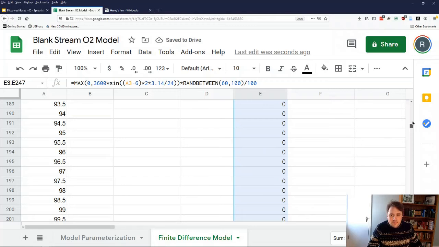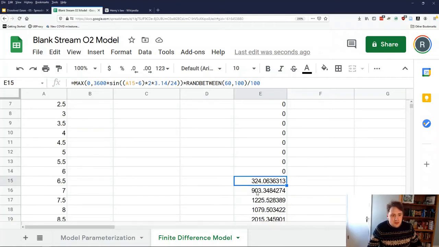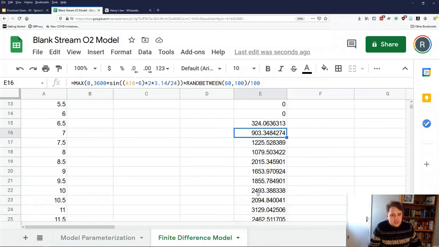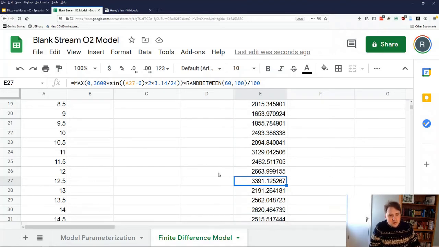Great. You'll see that at 6 o'clock, the sun starts off at 0, so that's still modeled as 0. But at 6.5 hours, you have sunlight, which gradually increases until it reaches a maximum at 12.5 hours. Everything's just offset by a half hour because you're using the value at the present.